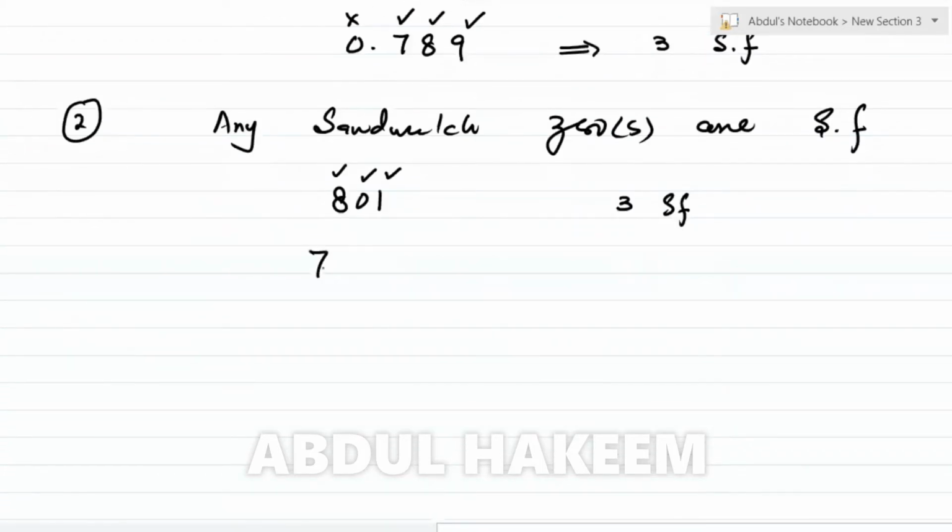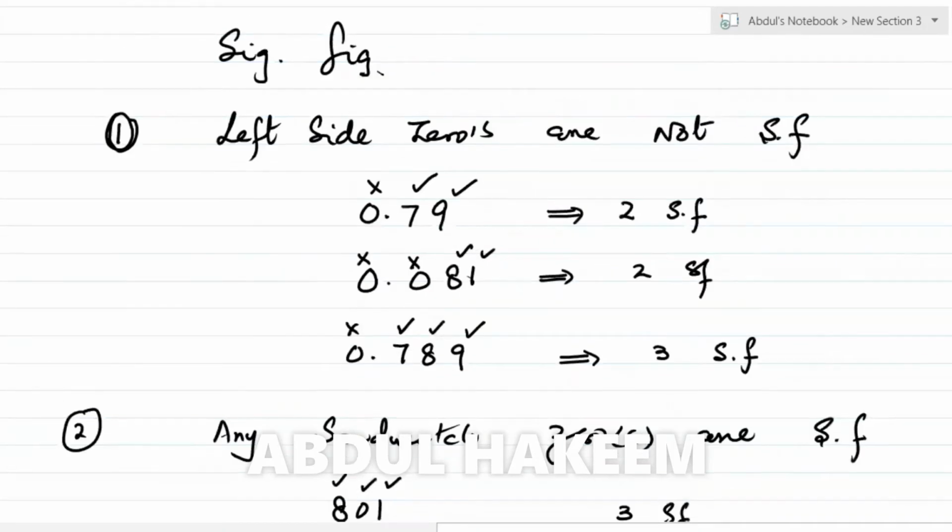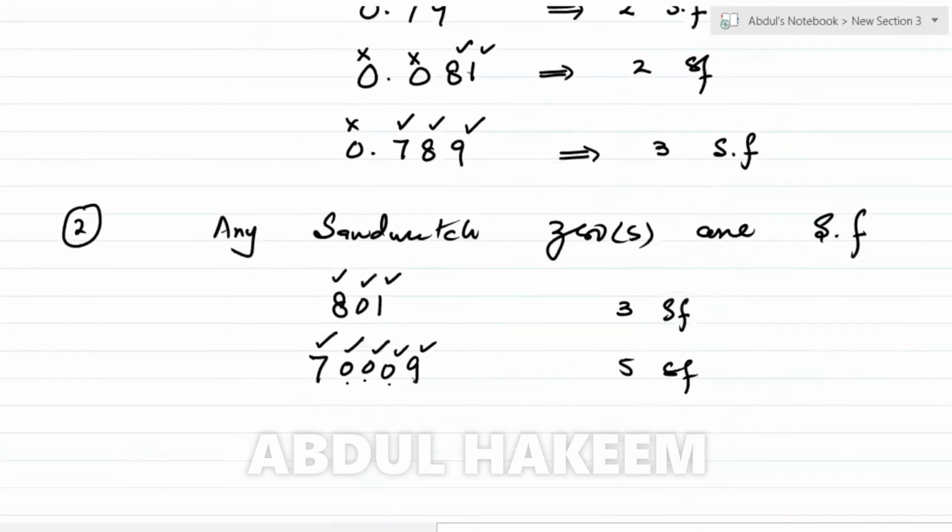Similarly, 70009, significant, significant, significant, significant, 1, 2, 3, 4, 5, significant figure. So any sandwich 0 between the two number is a significant.